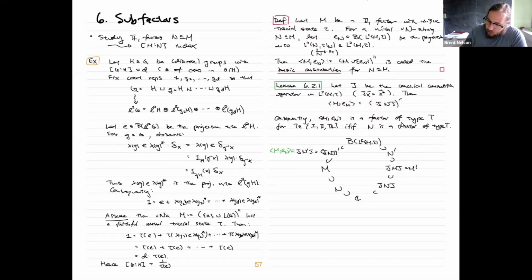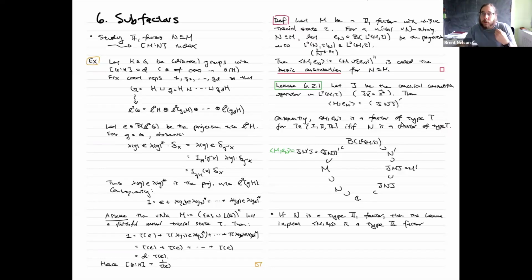So if you accept this lemma, then what this tells us is that if N is, say, a type II_1 factor, then the lemma implies that this basic construction is a type II factor.